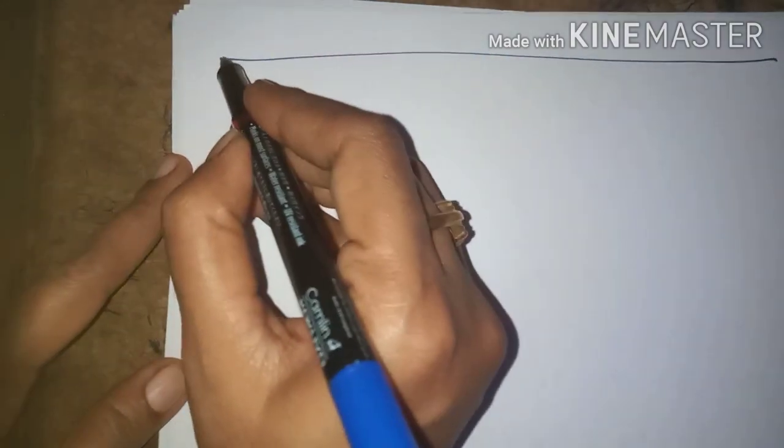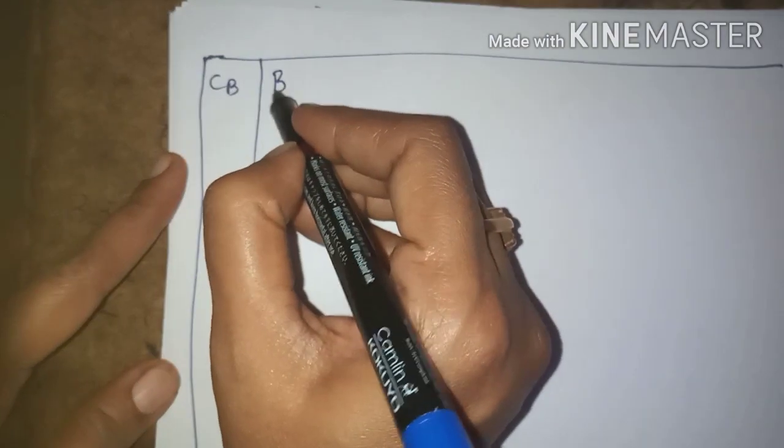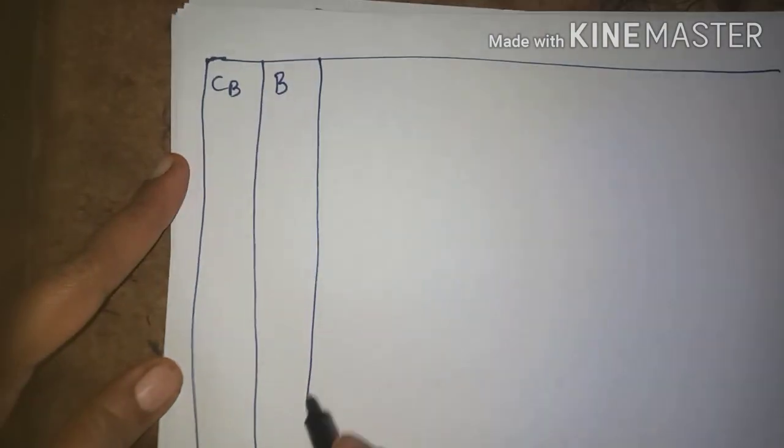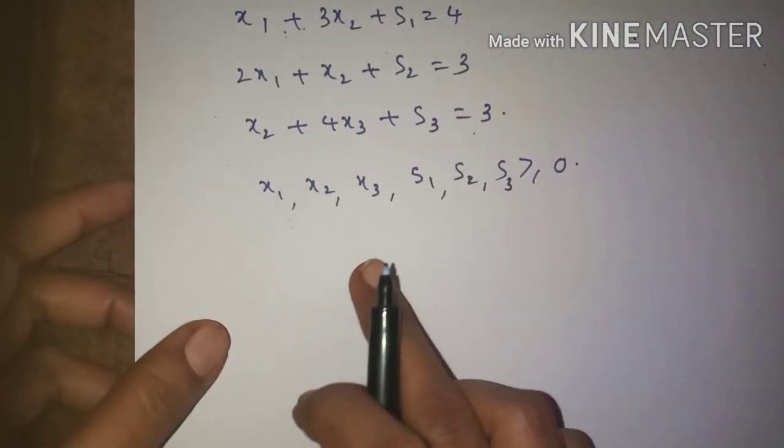Before starting the simplex table, we have to draw the table first, very carefully. The first column is for CB. The next column is for basis B. The next column is for the variable body of the simplex table. How many variables are there here?